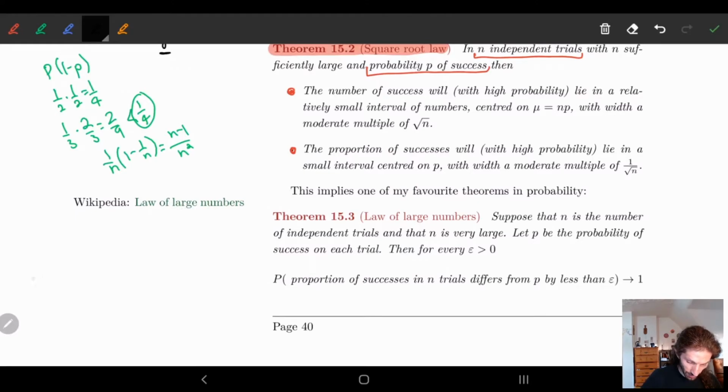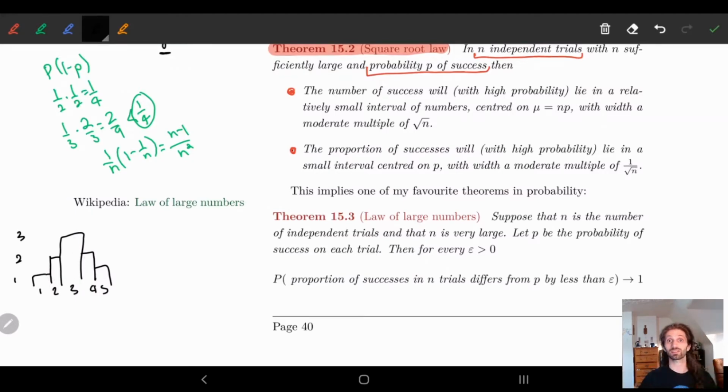I guess it'll be a histogram in the beginning. So if I have something like this, where I have 1, 2, 3, 4, 5, for example, so I do 9 trials, and this is the distribution I get.